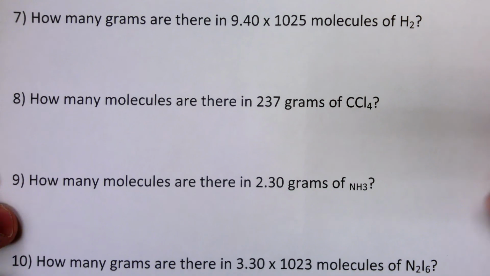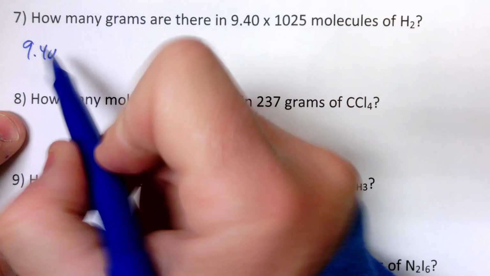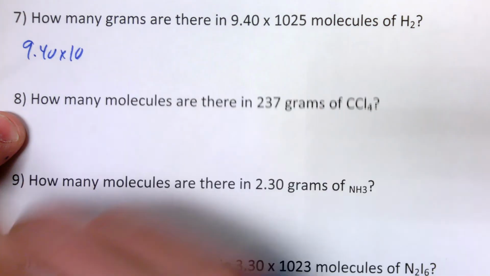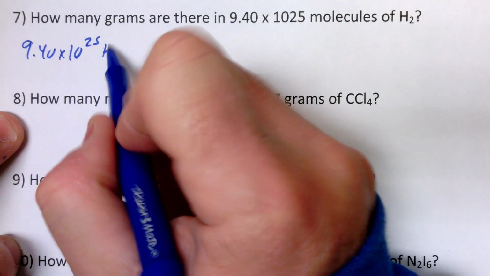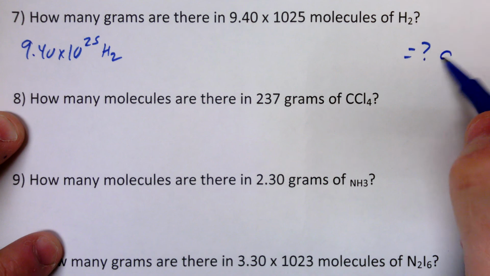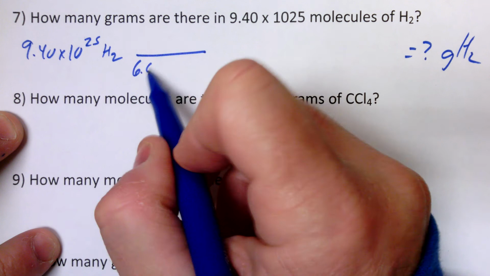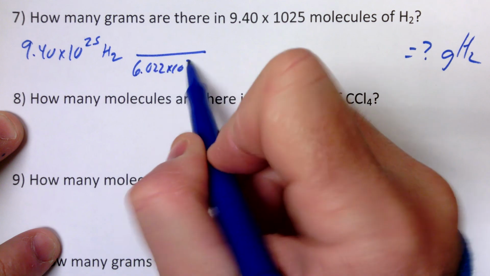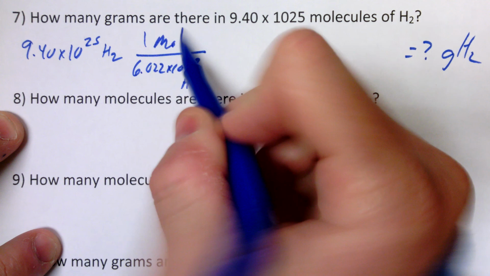All right, so let's look at how many grams there are in that many molecules of H2. I want to always write down what I'm given. 9.40 times 10 to the 25th this time. And I want to know how many grams of H2. Well, I know there are this many H2s in a mole of H2.